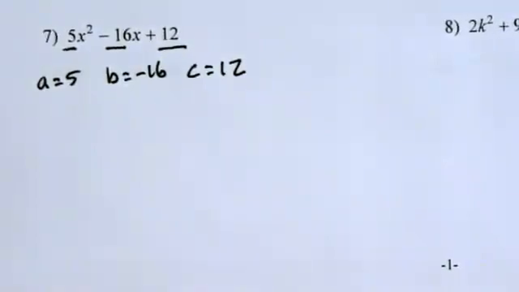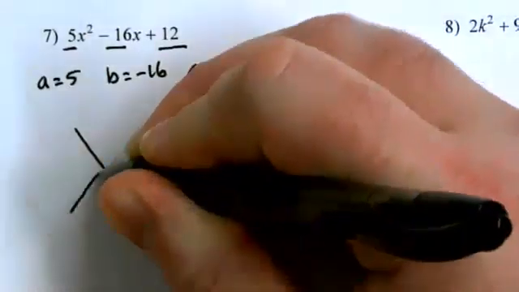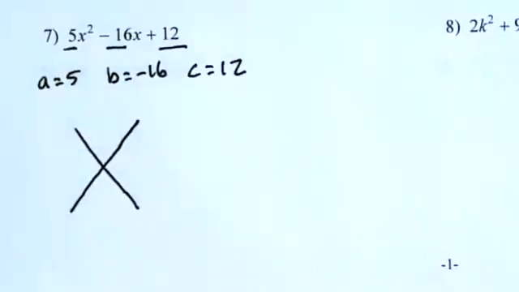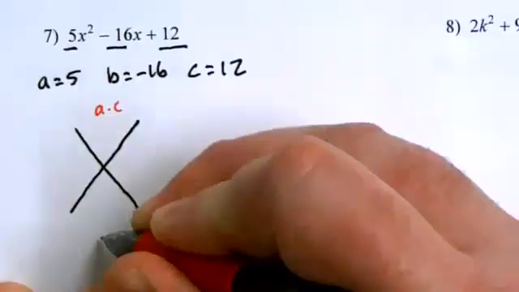Okay, and then we are going to create an X or diamond problem out of this, just like we did on Friday. So this is going to follow that same process. And just as a reminder, we're going to put A times C on the top and B on the bottom.